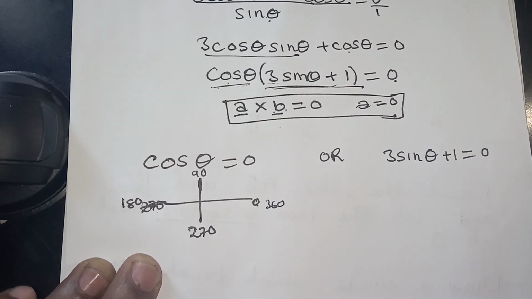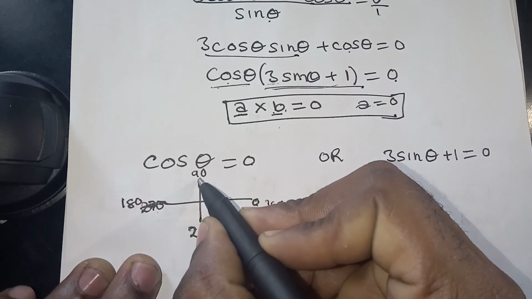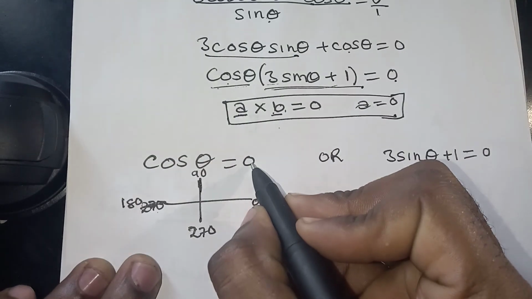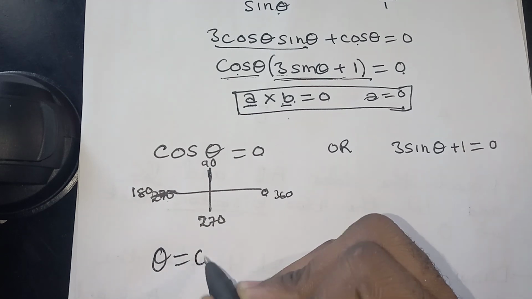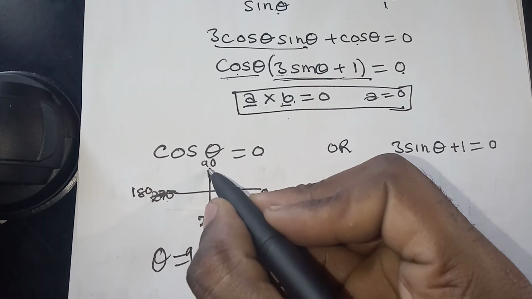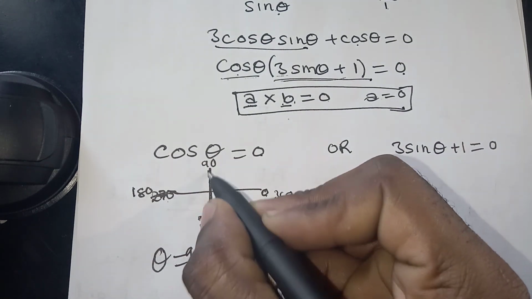Yes, so now the only time you have a 0 is when you have cos as a 90. So cos 90 is equal to 0. So your theta here will be 90. Your other theta will be this one here, because you are dealing with this axis.